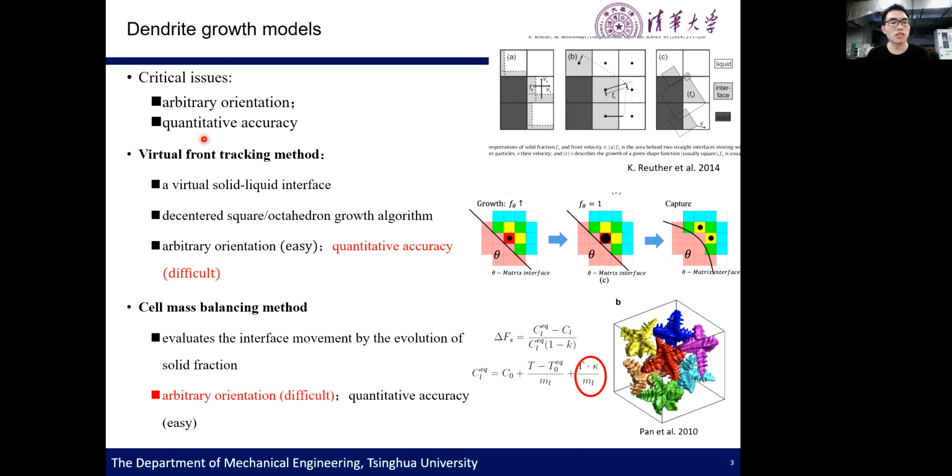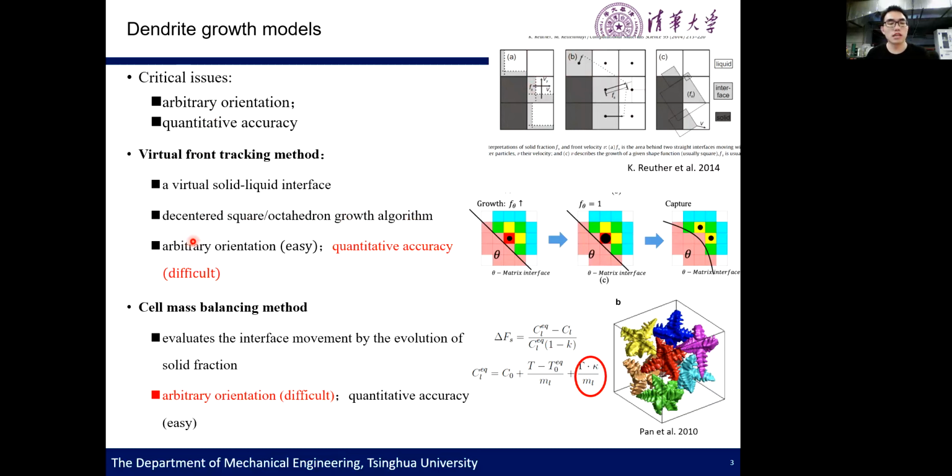The first one uses the virtual front tracking method. In this model, we need to create a virtual solid-liquid interface, just like this figure shows. There are three different solid-liquid interfaces. For example, some researchers use the decentered square or octahedron growth algorithm in 2D and 3D dendrite growth models to construct the interface of the solid and liquid.